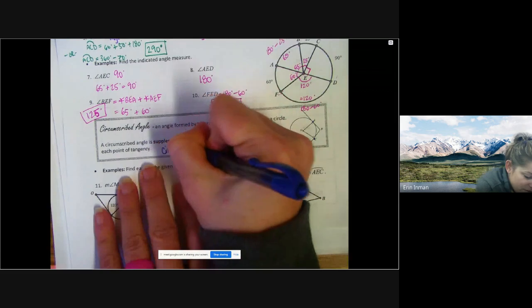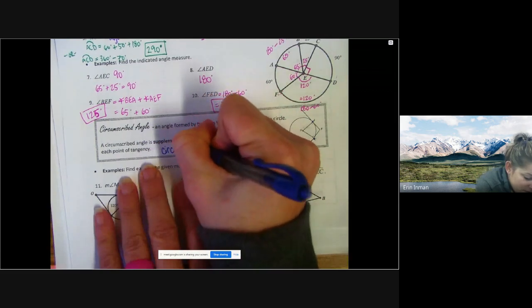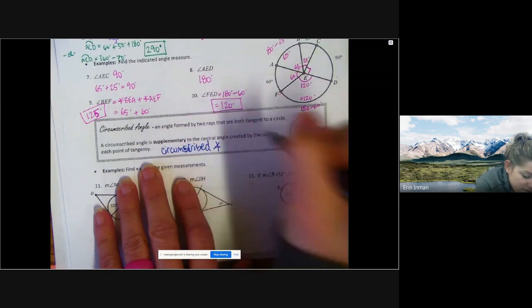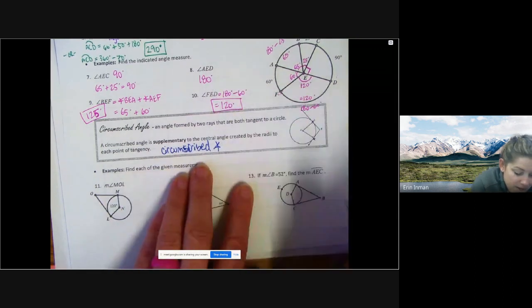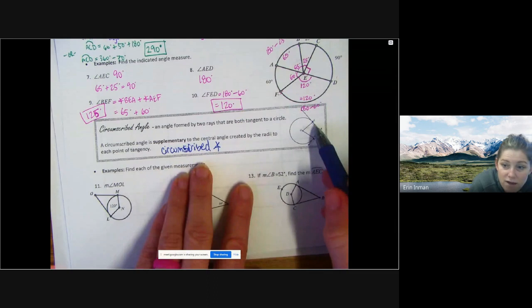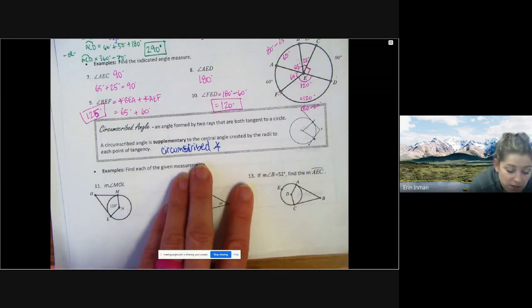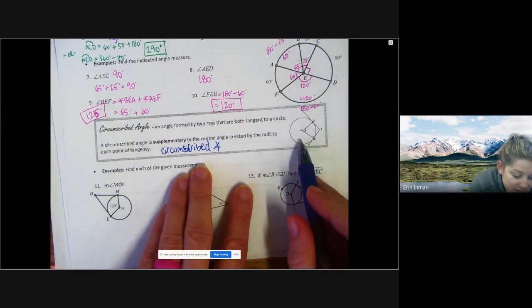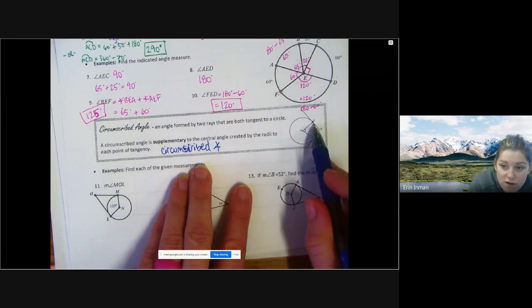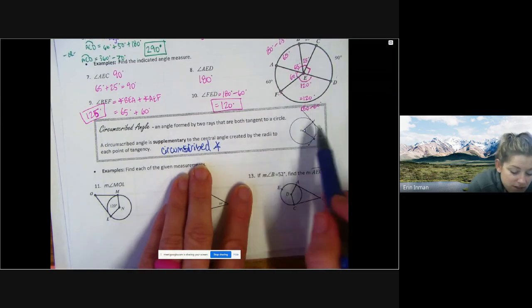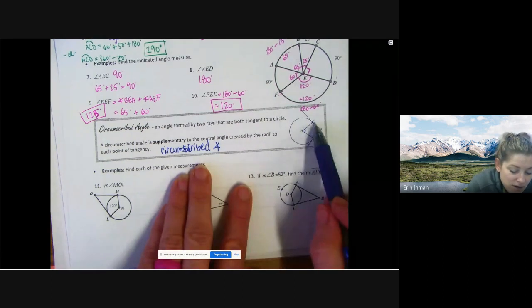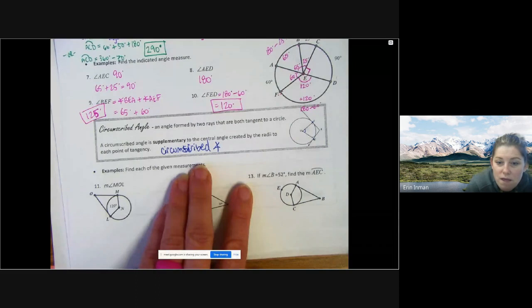The circumscribed angle is going to be supplementary to that arc that it forms. Because if you think about it, a central angle right here, like angle D, is equal to that arc that's formed. And since this angle and this angle add up to 180, then this arc and this angle will add up to 180.